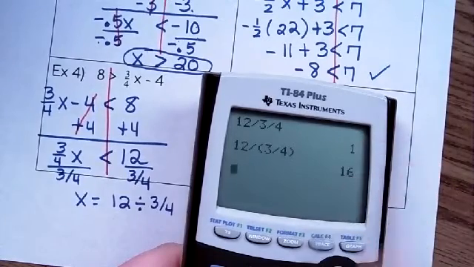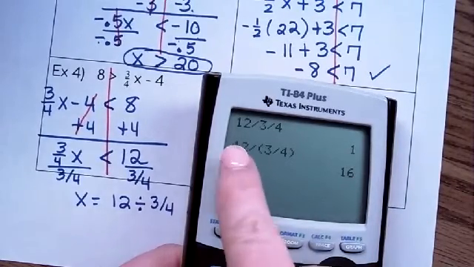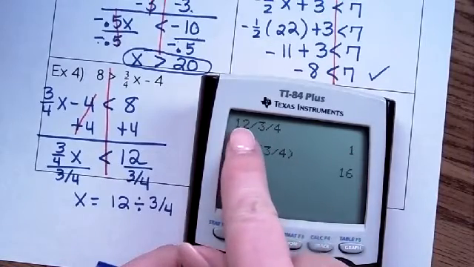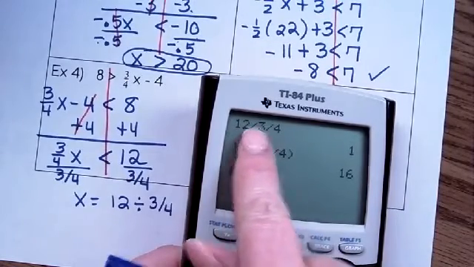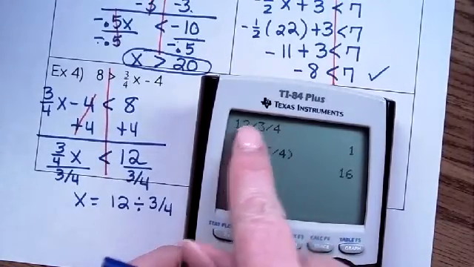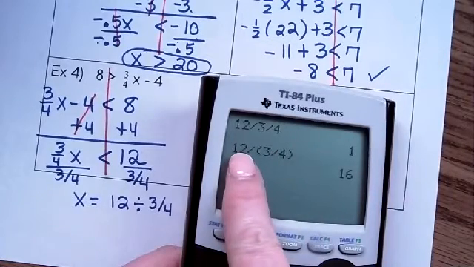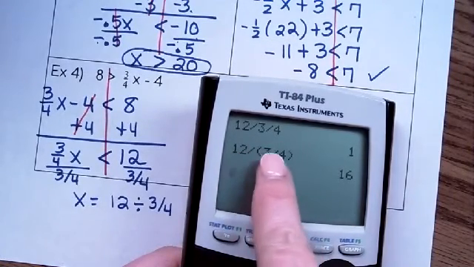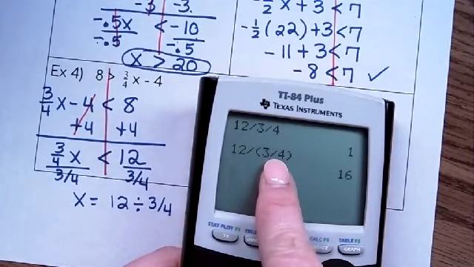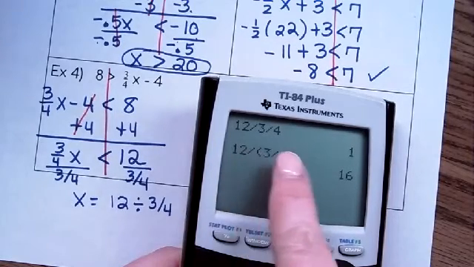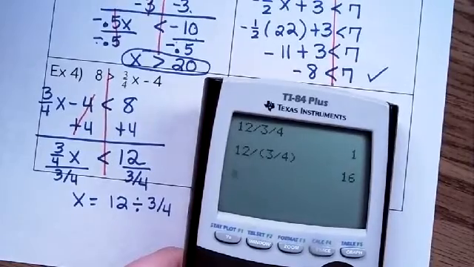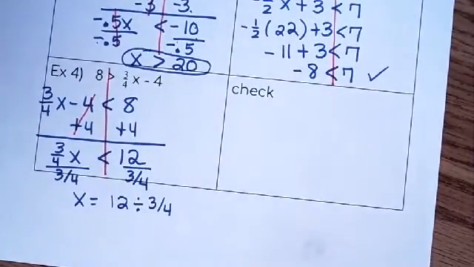Now, I did it this way to show you something. Make sure you don't do this, because it's going to give you the wrong answer. The calculator doesn't understand whether that line is divide or fraction. So 12 divided by, put your fraction in parentheses. Now we do use the divide key for that fraction line, that's fine. But putting the parentheses makes the calculator understand 3/4 is a fraction. Keep it together.